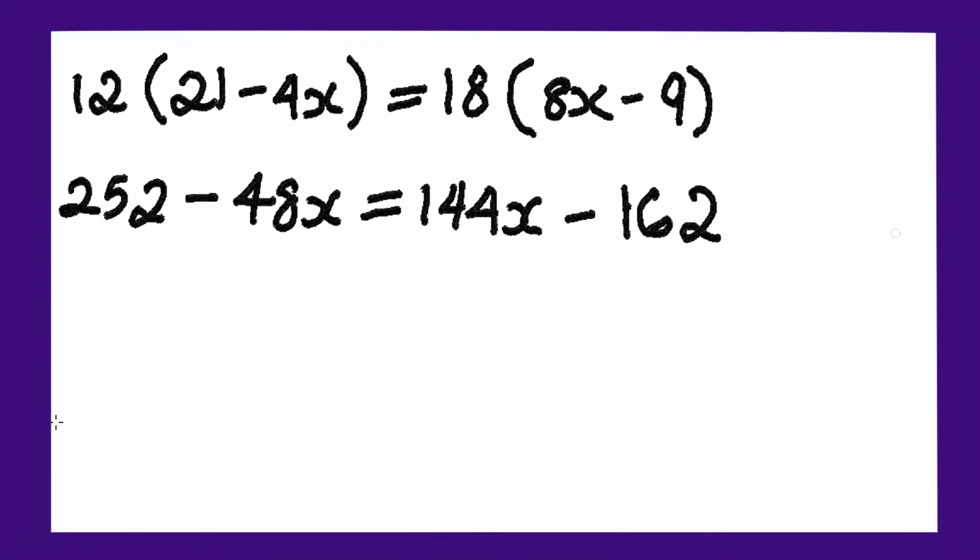So now we are going to bring our terms in x to the left-hand side of this equation. And how about at the same time bringing the constants together? Think you can do two operations in one line? Sure, we can. Okay. So the first thing we are going to do is subtract 144x on both sides of the equation.